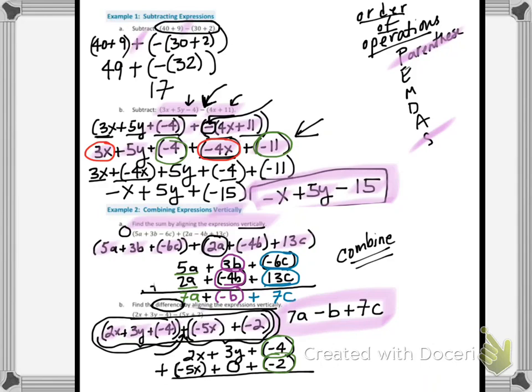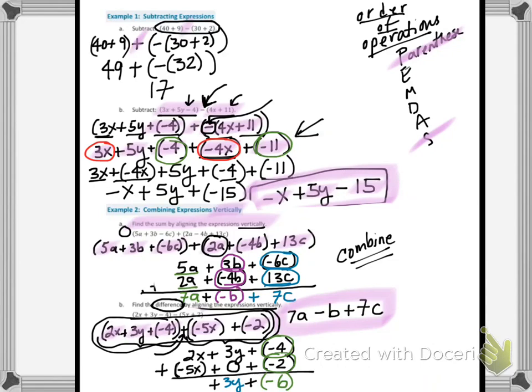Negative 4 plus negative 2 is negative 6, and let's keep these separate for now. And then we have 3y plus 0, of course, is simply 3y.